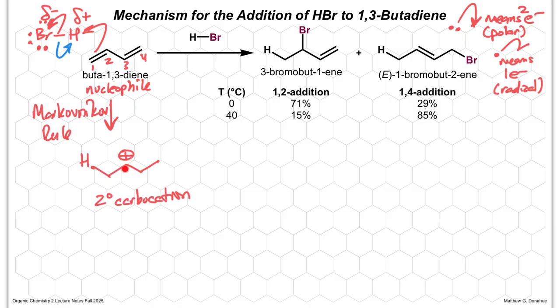So the carbon is bearing the plus charge. That's the carbocation. The classification is secondary because it has 2 carbons bonded to it. So the other product of this, since we have a plus charge, we need a minus charge somewhere.